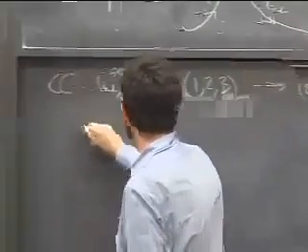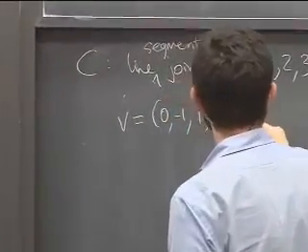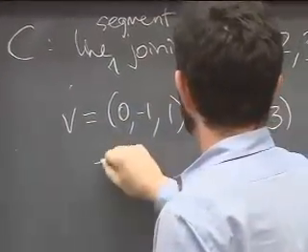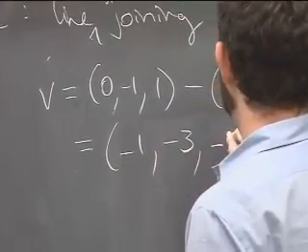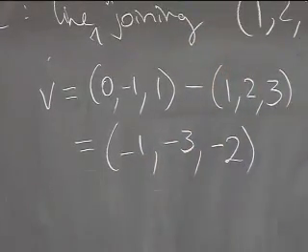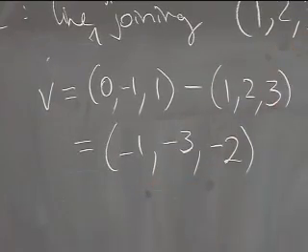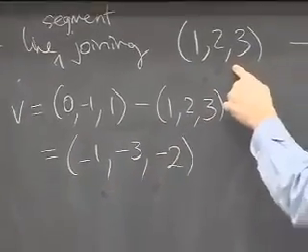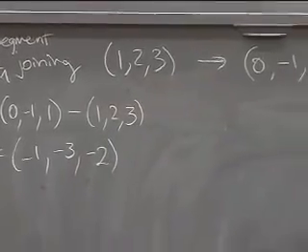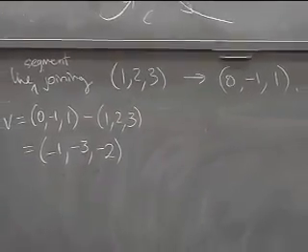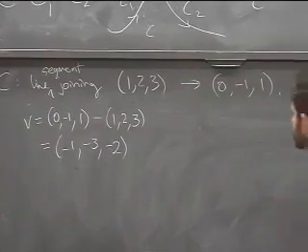So let V be 0, minus 1, 1 minus 1, 2, 3, which is negative 1, negative 3, negative 2. So if we start here and add v, we get to here. So we start at the beginning, add this v, we get to the end. If you only add a fraction of v between 0 and 1, you get a point in between. If you do all the fractions, you get all the points in between.